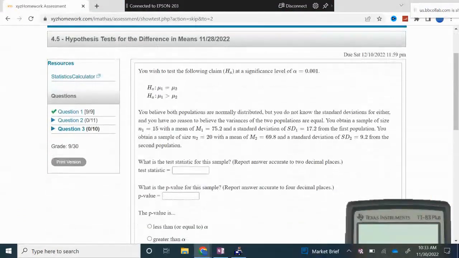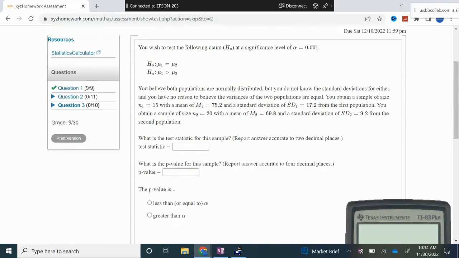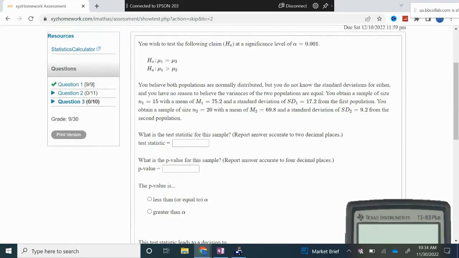They give you the mean, the standard deviation, and they give you the sample size. You just have to put them in as statistics, get your test statistic, compare your p-value and your level of significance, and then write out your conclusion. All right, so any questions about that last section?